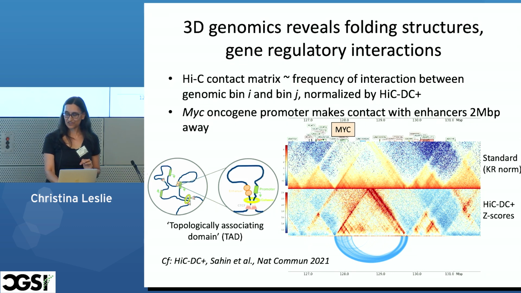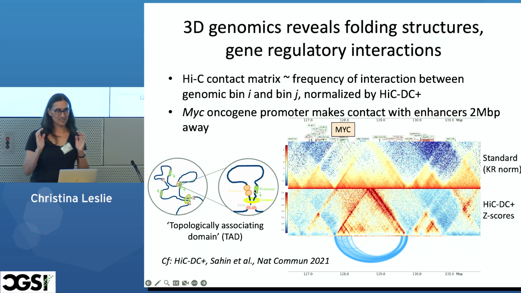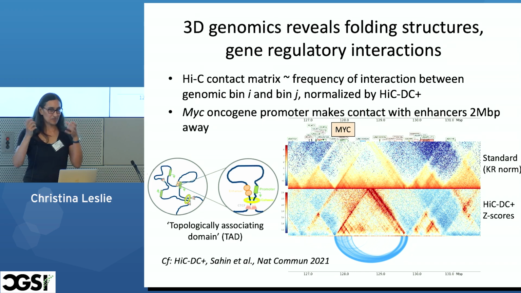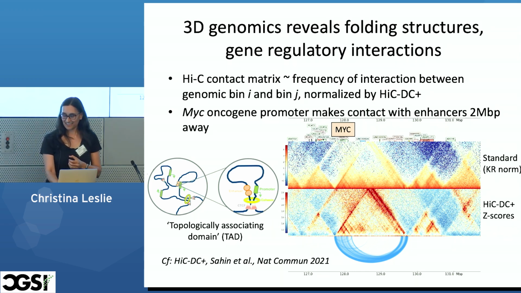And the picture, though you shouldn't believe these cartoons too much, right? Everything is dynamic, everything has an on-off rate, but you have dynamic loops, and people believe the loops extrude out of a cohesin ring and are anchored by CTCF, okay? And that's what you're seeing with these big TADs.